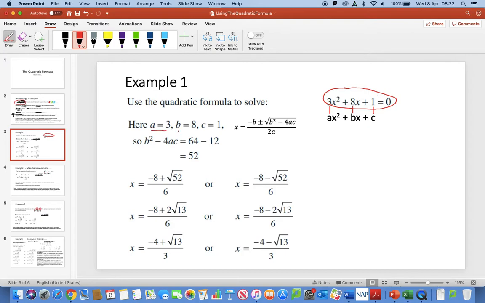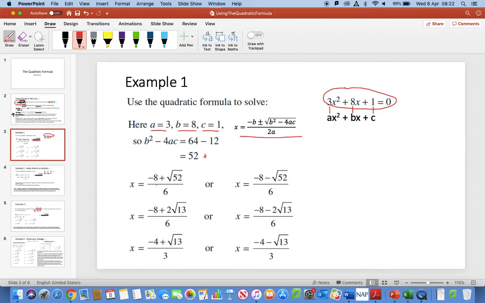So they're the values of the variables that we're going to substitute into this formula here. So doing a quick check, we can see that b squared minus 4ac is equal to 64 minus 12, if you evaluate that. And so that's a positive answer. So we know that firstly, there'll be a solution to this equation, so it's worth proceeding. And from this, because it's a positive, we know we'll have two possible solutions.